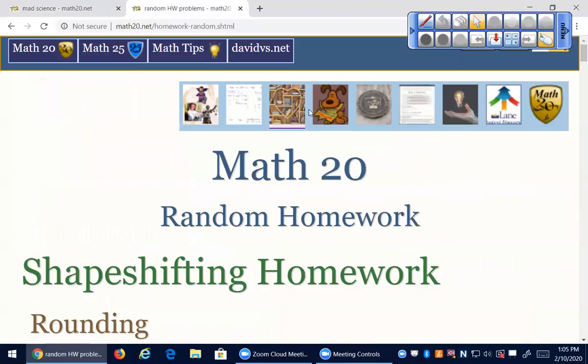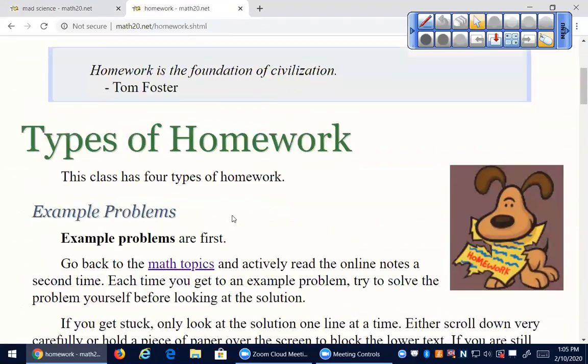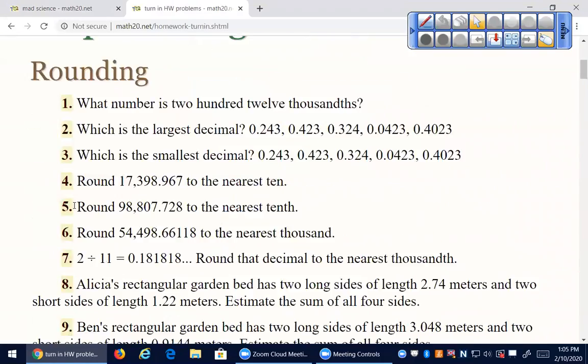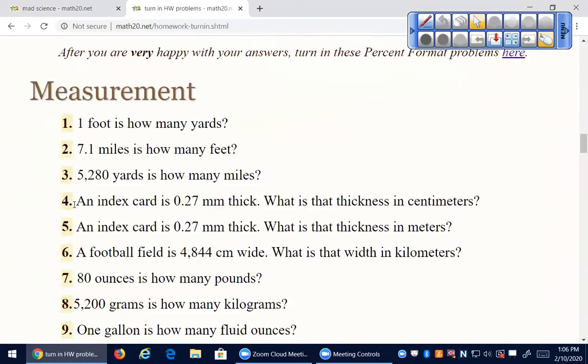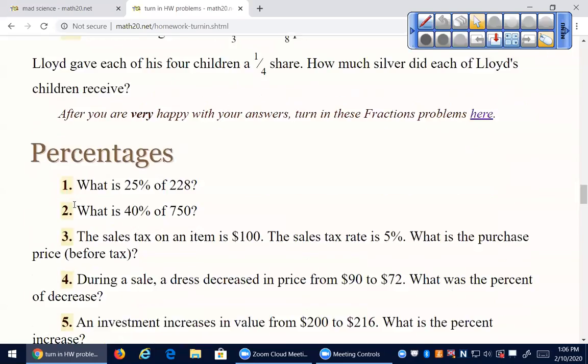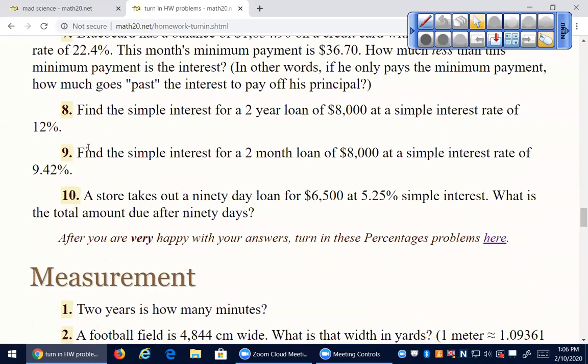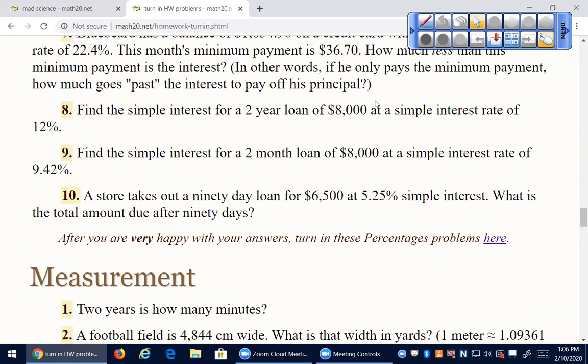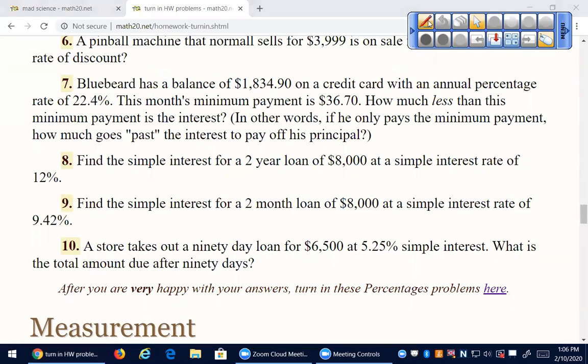Yeah. Turn-in homework, percentages 9 and 10. Okay.